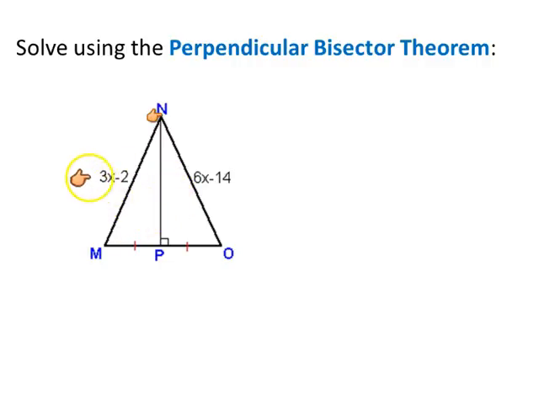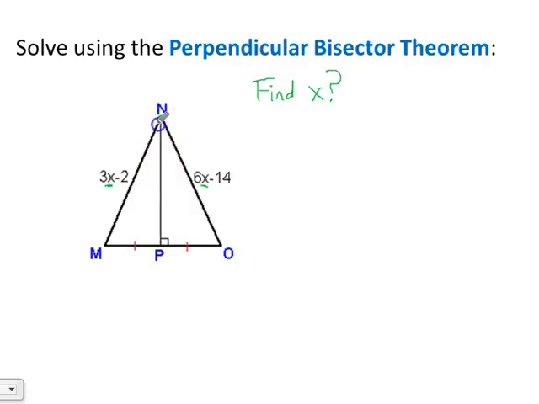So can we find the value of X? Do we have enough information to find X? Well, we know from the perpendicular bisector theorem that point N falls on that perpendicular bisector.